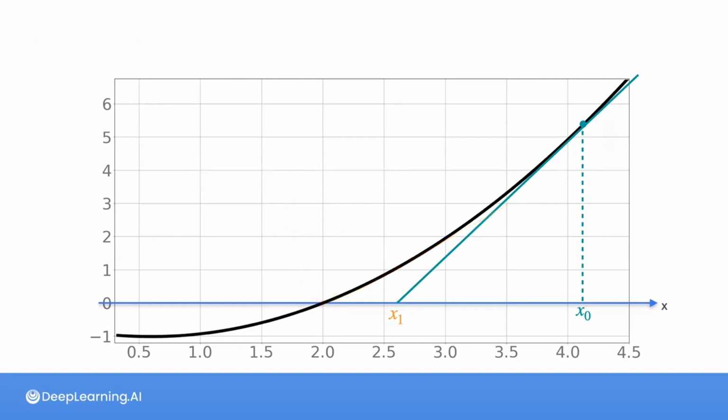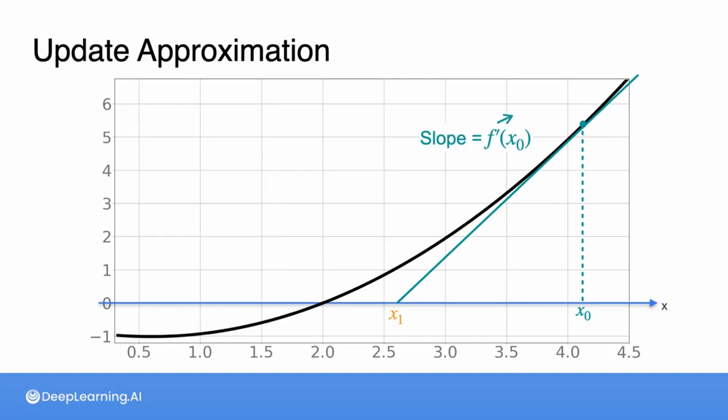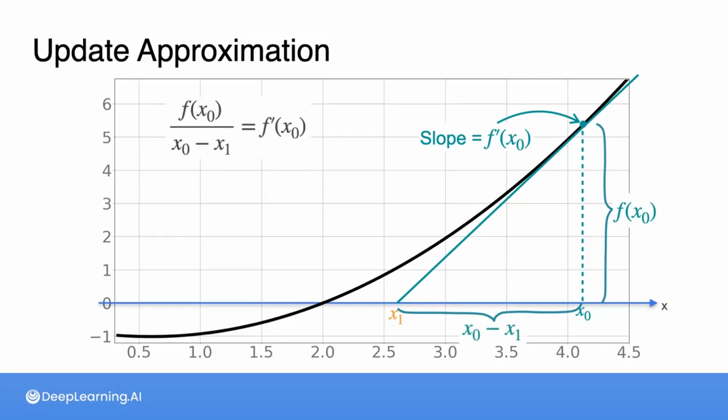Now let's add some numbers. This line over here has slope f prime of x0. And this height over here is f of x0. And the base is x0 minus x1. So this formula over here for the slope is rise over run. Now rise is f of x0 and run is x0 minus x1.